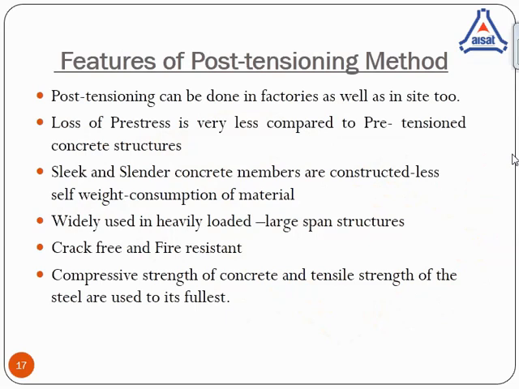Loss of pre-stress is very low compared to the pre-tensioned concrete structure. The structures constructed using this method are always sleek and slender. That results in the least self-weight, and the consumption of material can be reduced.